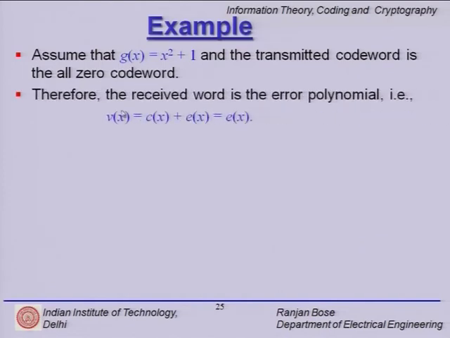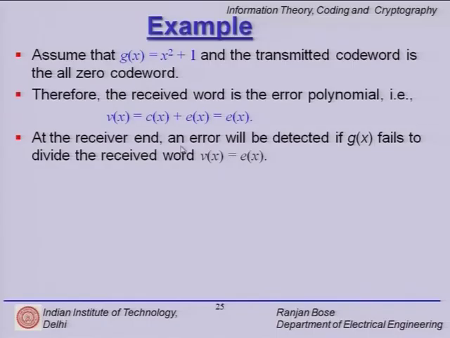So the received word is nothing but the error polynomial, because C of x is 0, we are sending the all 0 code word. So the received vector is E of x. Now, please note we are talking about the detection problem, not the correction problem.